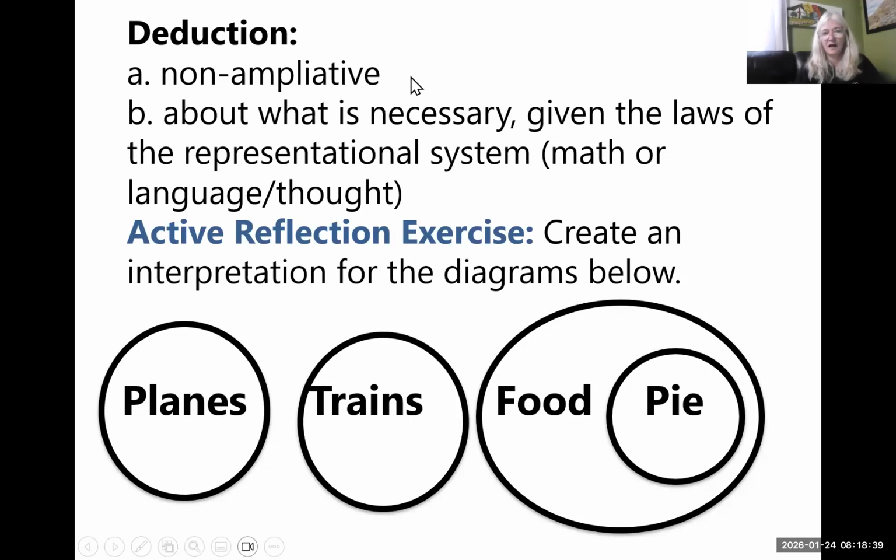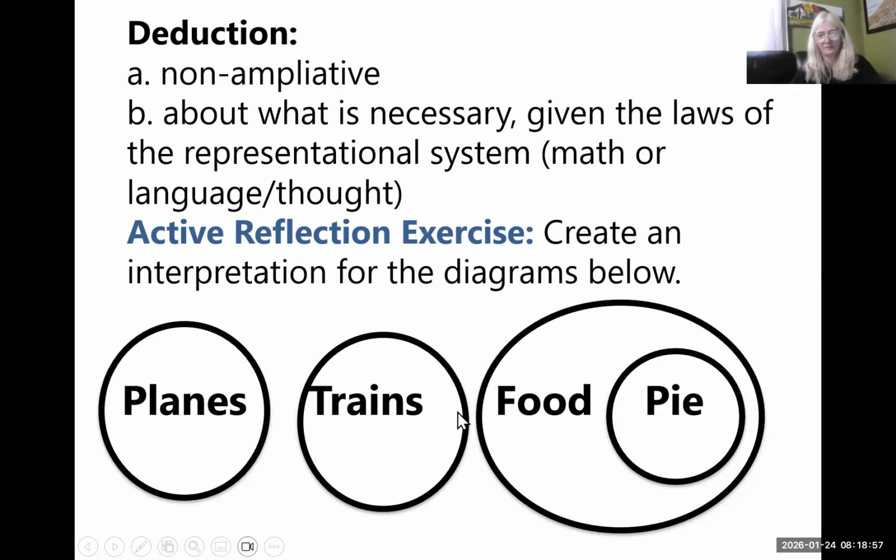So deduction is non-ampliative, and it's about what is necessary given the nature of representational systems, either math or language or thought. So, active reflection exercise: create an interpretation for the diagrams below.